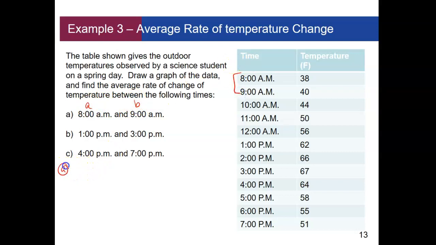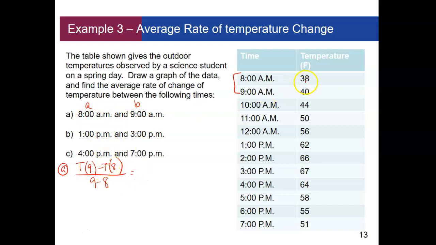So for part A, I'm going to do my function, which is temperature. So I'm going to say T of 9 o'clock minus T of 8 o'clock divided by 9 minus 8. I will caution you that because time is a little different to work with, sometimes it's easier to just go ahead and see how much time has elapsed between 8 and 9 and put that in.